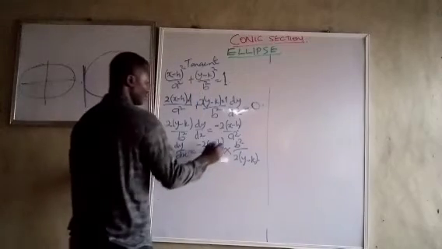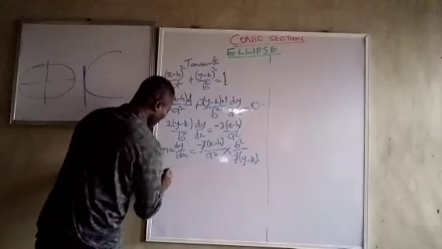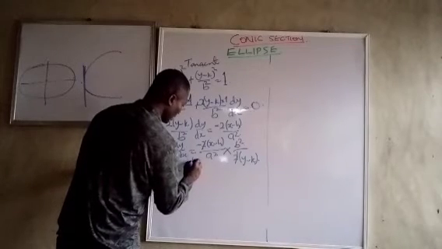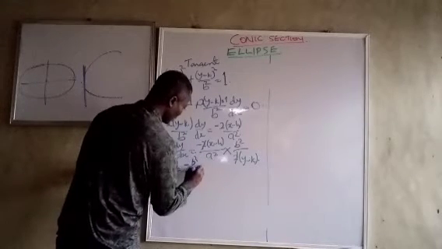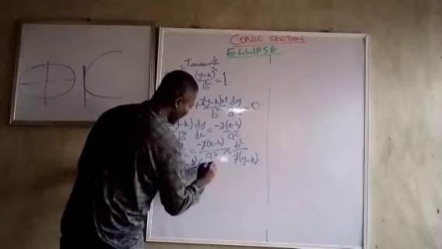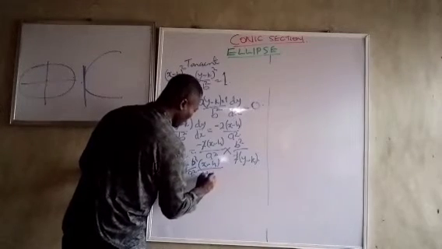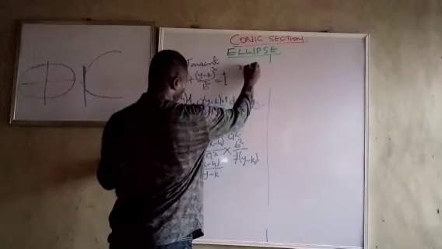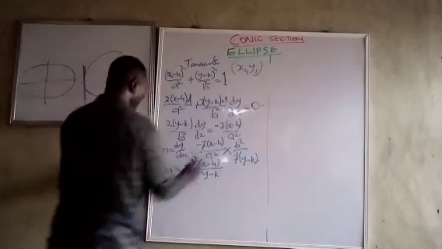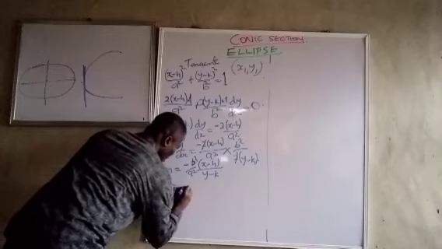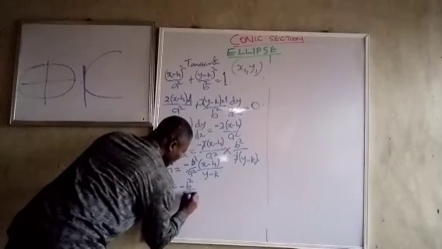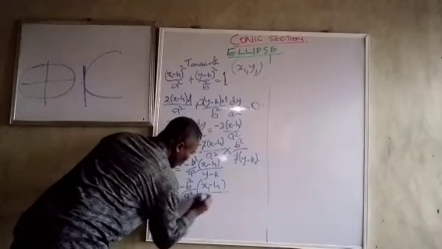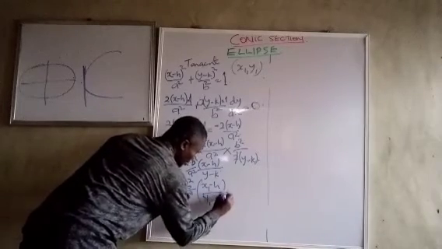So what does that give me? So n is equal to minus b squared over a squared into x minus h over y minus k. So at the point x1, y1, the value for our n will be minus b squared over a squared into x1 minus h over y1 minus k.